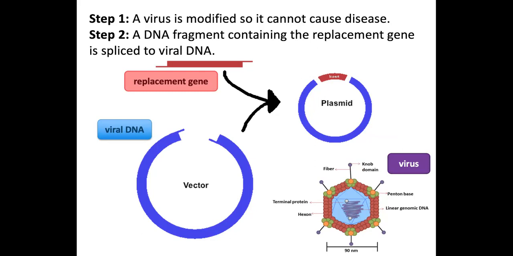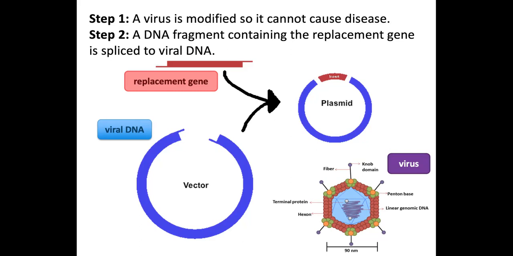So we modify a virus so it doesn't cause the disease, and then we take a DNA fragment that contains the replacement gene, and we put it into the viral DNA.